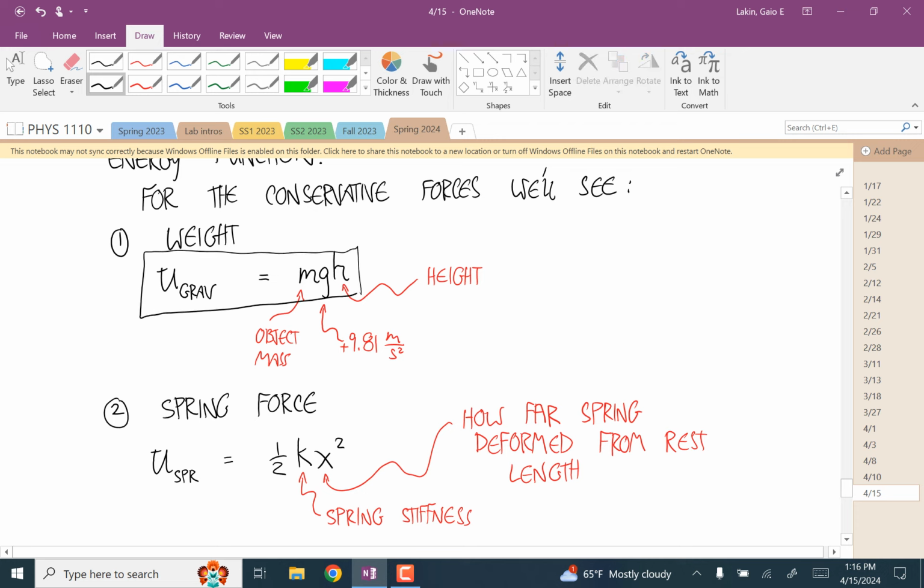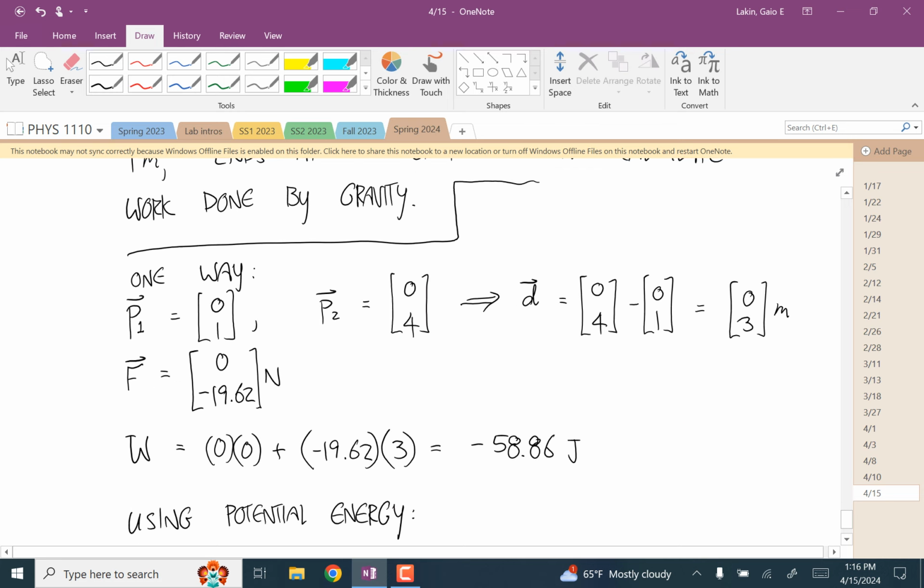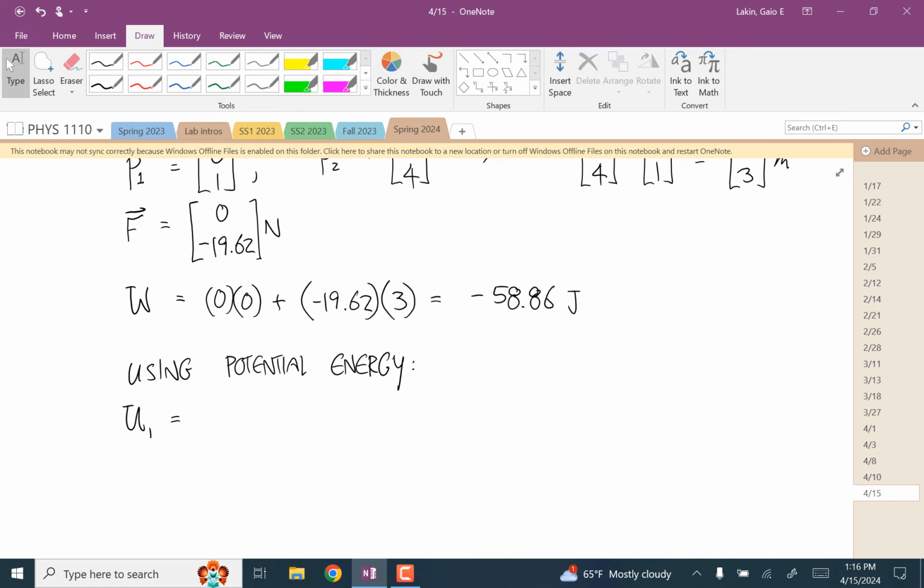These two are both going to be important to us in this class. So we're using mass times g times h. At instant 1, we have a mass of 2 times 9.81 times a height of 1. So we have 19.62 joules.